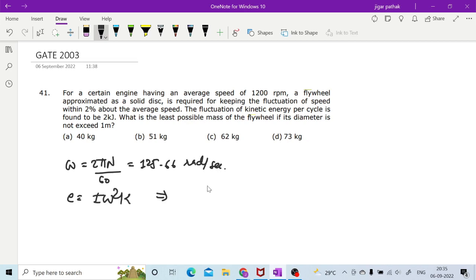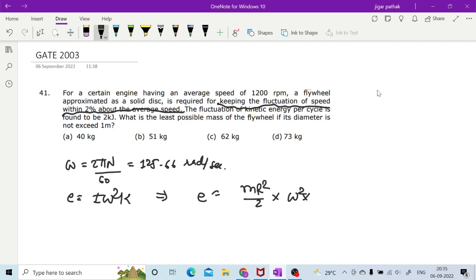Now here this E is equal to I omega square k, where I is mr square by 2, right? The moment of inertia of this flywheel, as it is solid, is given by mr square by 2. K is mentioned here as keeping the fluctuation of speed within 2% about the average speed.